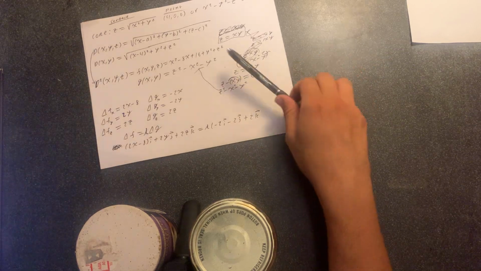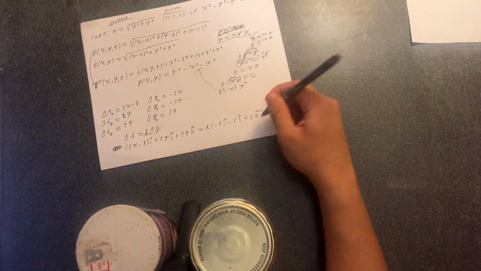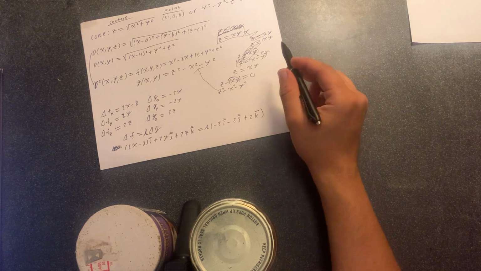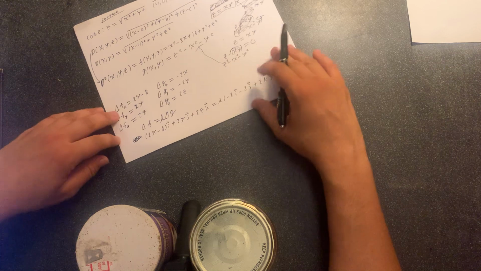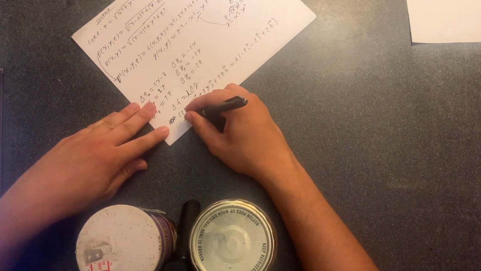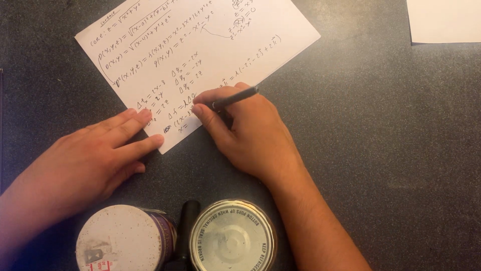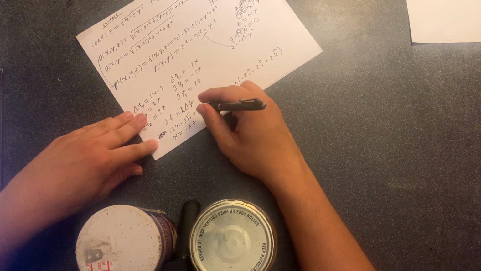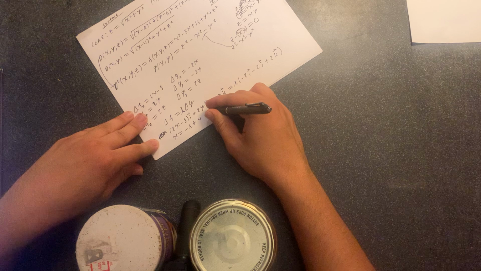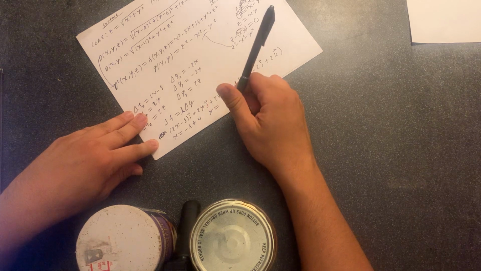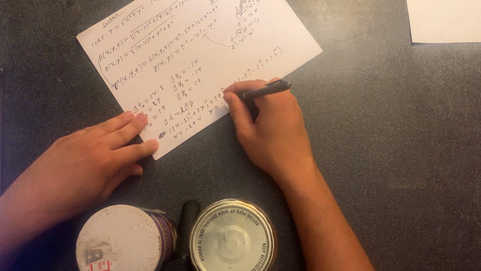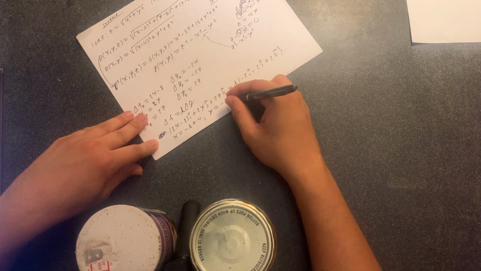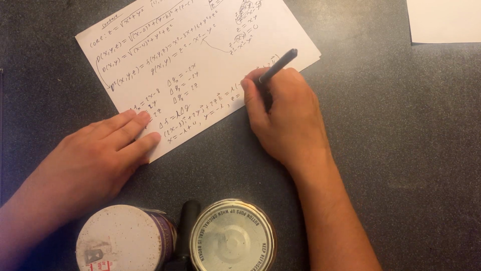I don't want you to get confused. This is all vectors. I don't believe they're unit vectors. They're just vectors because they have different values. And then we get x is equal to negative lambda plus 4, y is equal to negative lambda, and then z is equal to lambda.